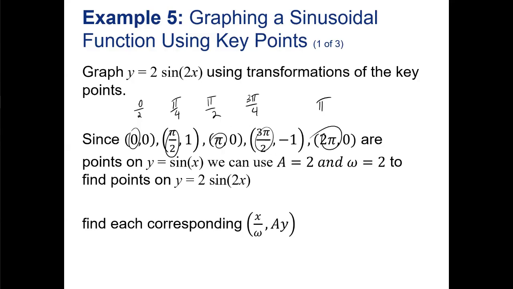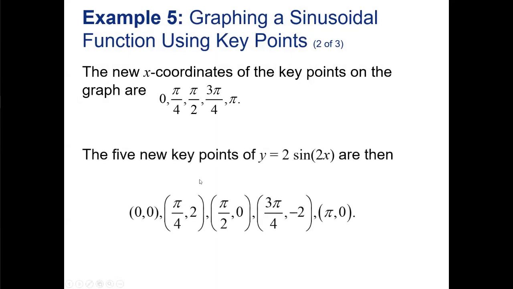Then the y coordinates are all going to be multiplied by 2, so 2 times 0 is 0, 2 times 1 is 2, 2 times 0 is 0, 2 times negative 1 is negative 2, and then 2 times 0 is 0 again.